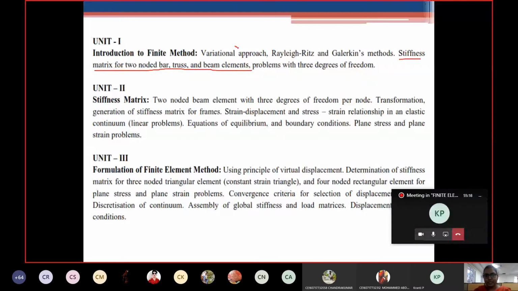Rather than starting with variational approach, Rayleigh-Ritz method and Galerkin's method, we are starting with stiffness matrix for a two-noded bar, truss, and beam elements. We will start with the stiffness matrices now.